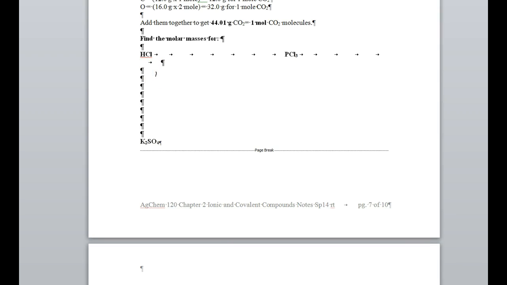Okay, so we got H. Okay, I can't do anything, can I? Oh, there we go. Okay, there's H. So what does 1 mole of H equal? So we're going to say 1 gram.